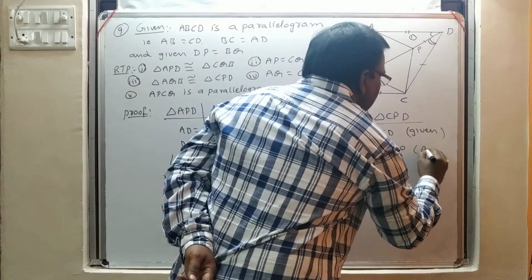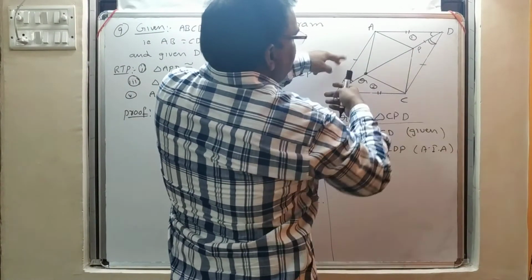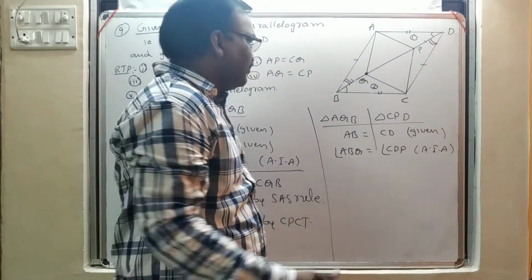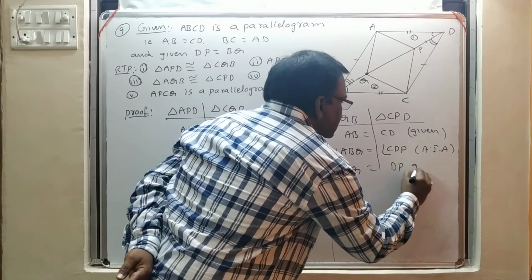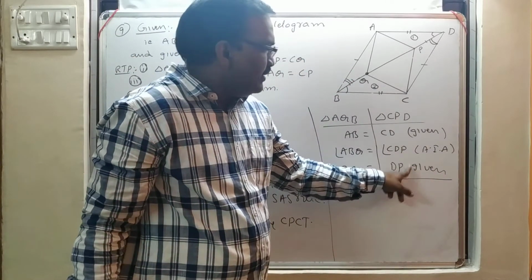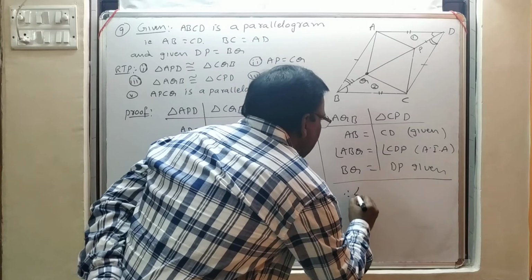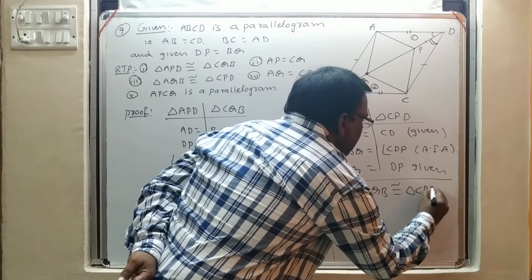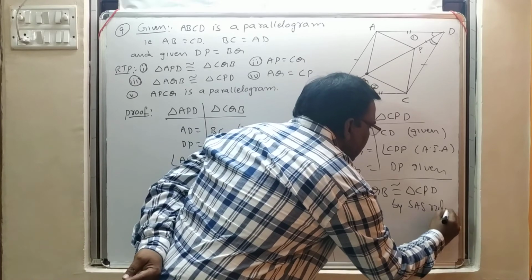Next, BQ is equal to DP, given. So side, angle, side. By SAS congruency rule, these two triangles are congruent. Therefore, triangle AQB is congruent to triangle CPD by SAS rule.